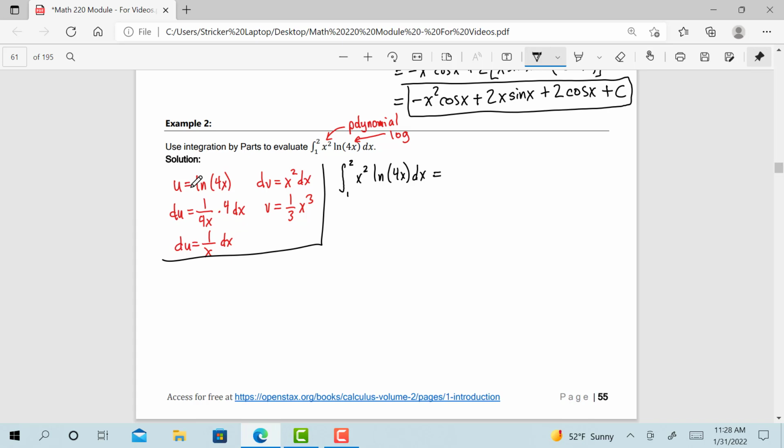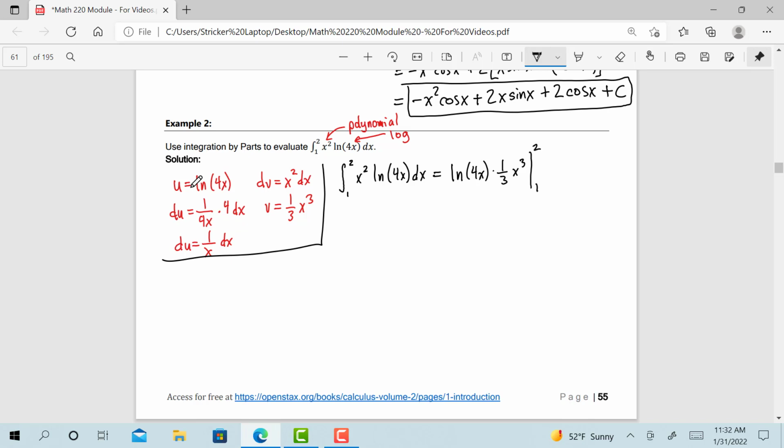And this is equal to u times v, or the natural log of 4x, that's u, times v, 1/3 x cubed. We're going to evaluate this from 1 to 2.